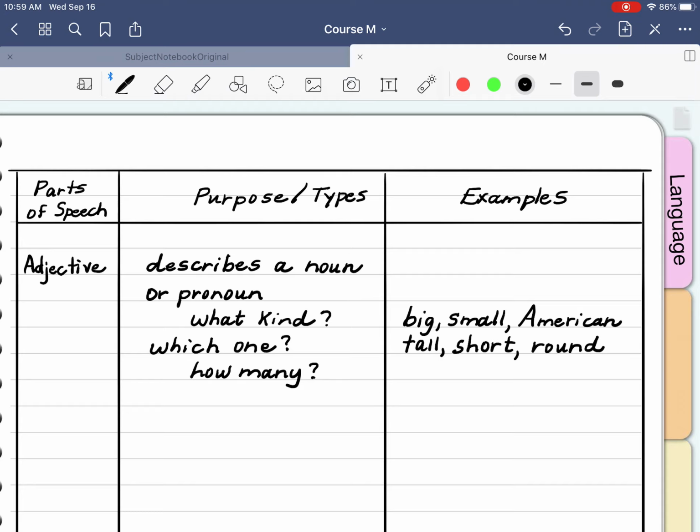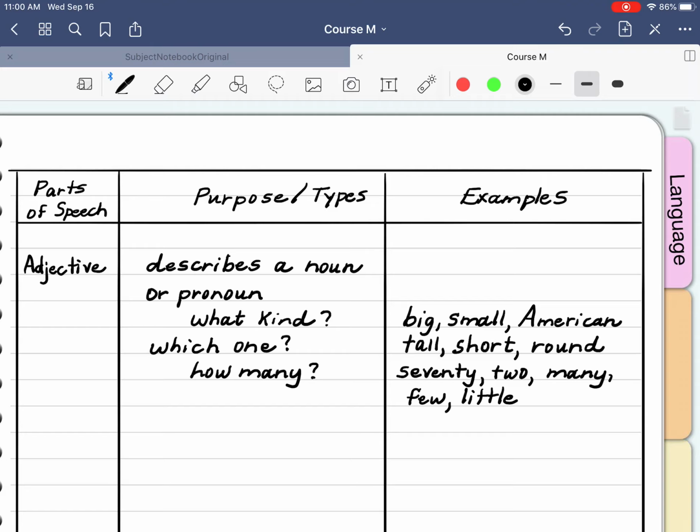That's telling me which one. And then 70 would tell how many. 2. You could also use words like many there to tell how many. Many, few, little. Those are all adjectives, or they can be adjectives.